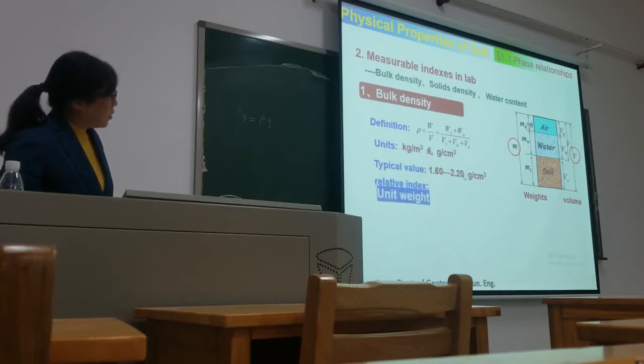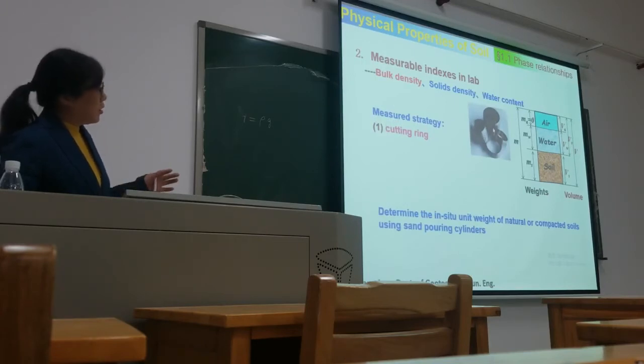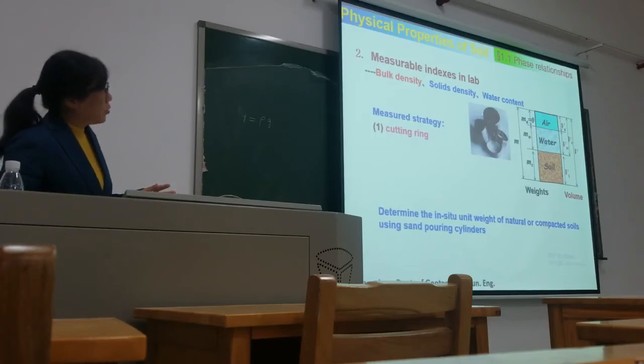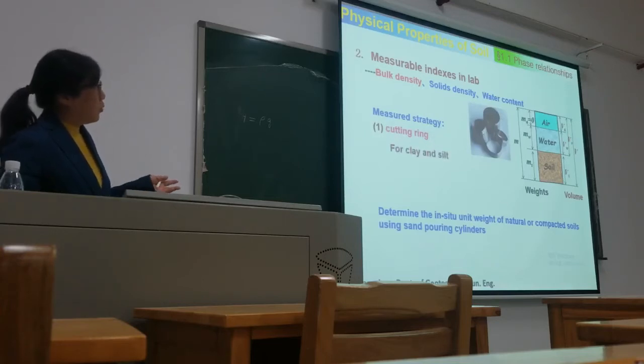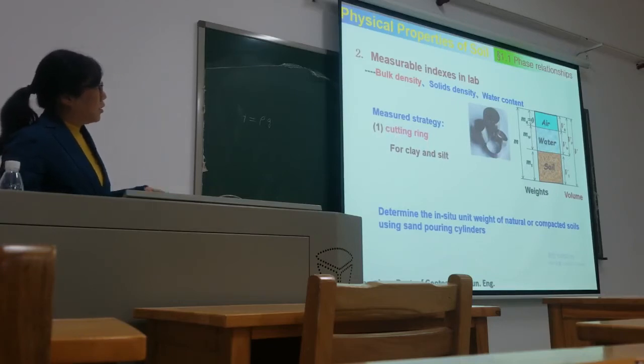Here, the cutting ring is like this. We fill the inner of the cutting ring with a soil sample and measure the cutting ring mass and the mass of the soil with the cutting ring.